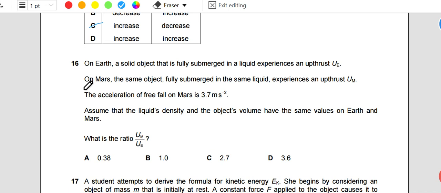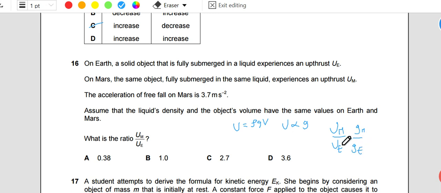So we know that U equals rho g V, so U is proportional to g, and UM over UE will be gM over gE.